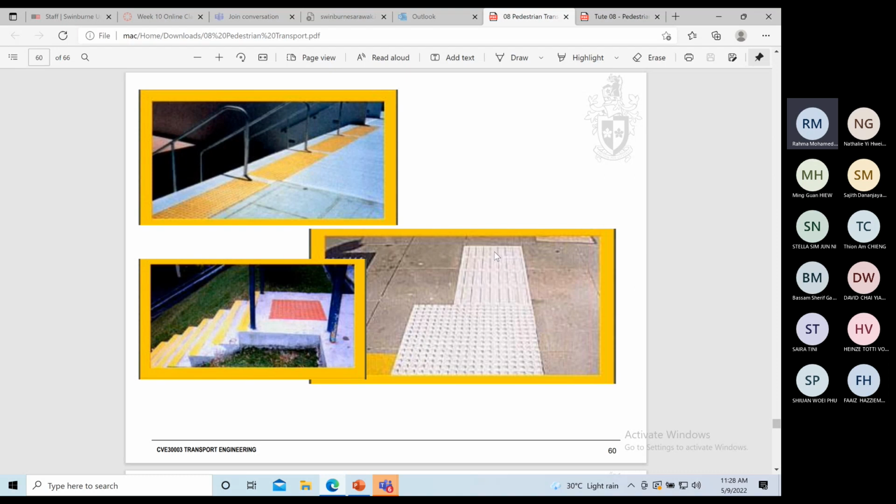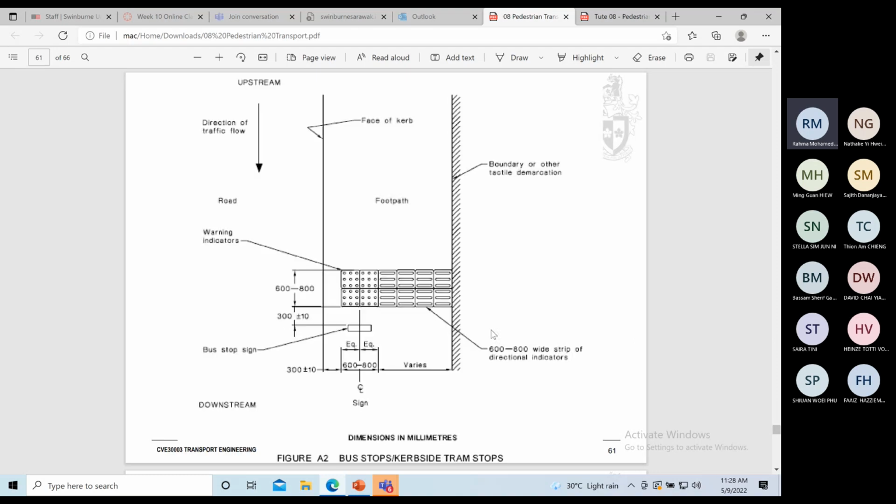So for example here, a blind man was moving. When they sensed these directional tiles, they knew there is a continuous movement, so they move in a continuous direction. Then when they sense a hazard, they know that something is about to happen, and in this case there was a staircase.